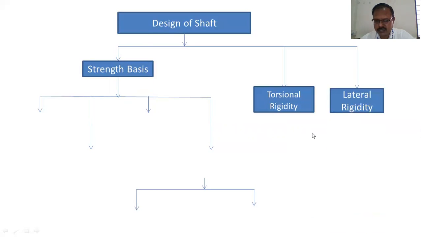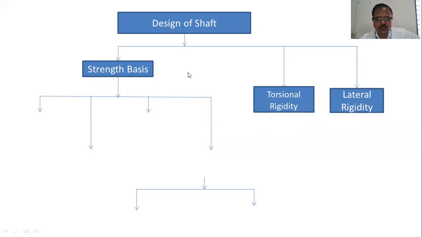And we can also design the shaft on the basis of lateral rigidity. If the amount of deflection due to the external forces acting on the shaft is within the permissible limits, then we can say that the shaft is safe against this criterion, that is lateral rigidity. So talking about the design of shaft on the basis of strength, generally shafts are subjected to axial loads.